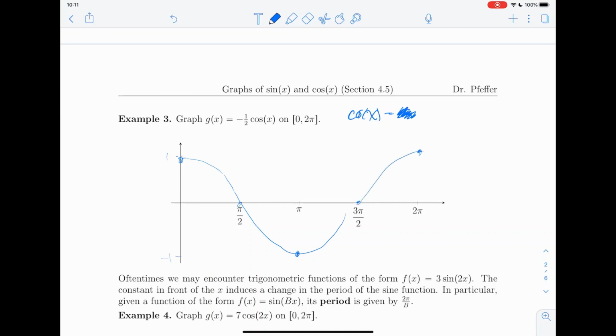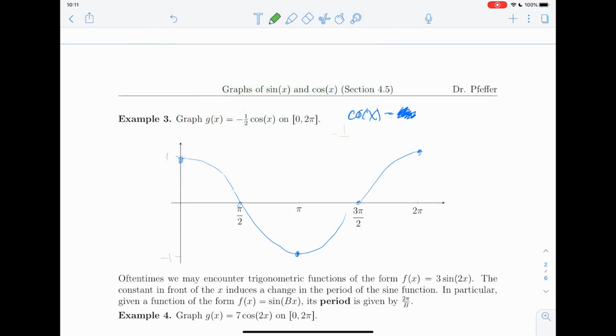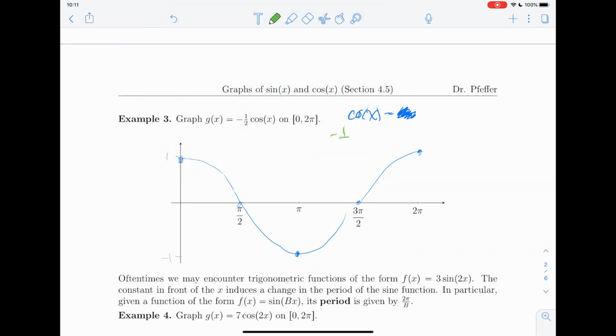Now, I purposely drew this very thin and very light because this is not my final draft. What I need to do now is I need to amplify it by a -1/2 and reflect it. So to do that, I'll do that in green. So let's bulk up our pen size, -1/2 cosine of x is now going to be drawn in green.